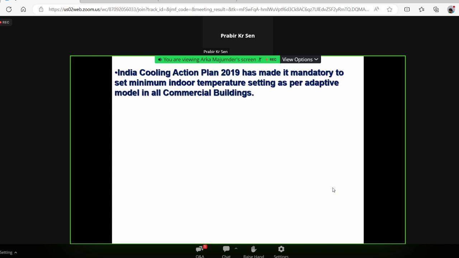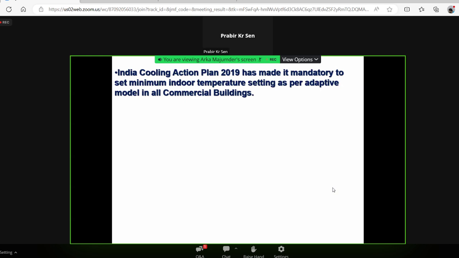So the Indian government is very conscious about it, and they have put a locking on the air conditioning areas' inside temperature. They have suggested that all commercial buildings and residential buildings shall have inside design temperature of 24 degrees centigrade.